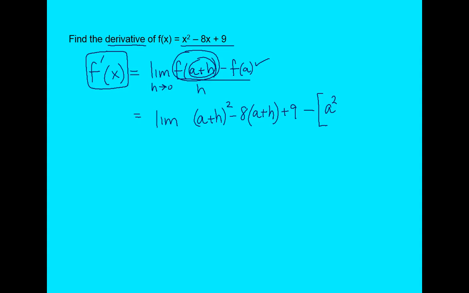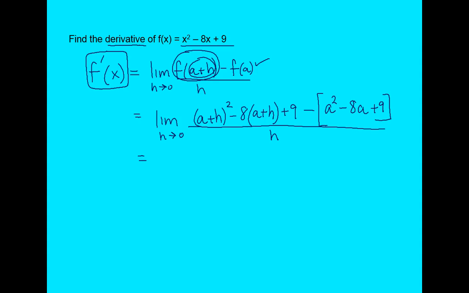So plugging in a to our function, we would get a squared minus 8a plus 9. And this is all divided by our h as h goes to 0. So there's our limit. And we know this limit finds the derivative of the function. Let's evaluate this limit.